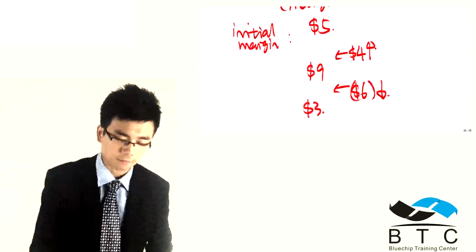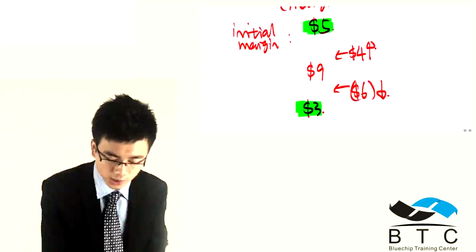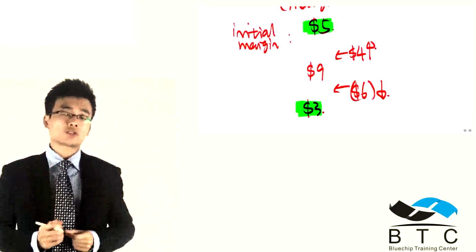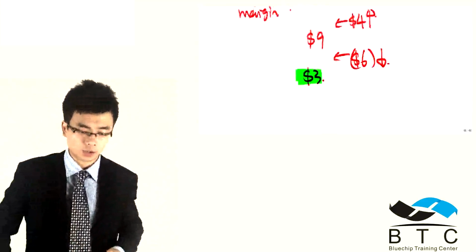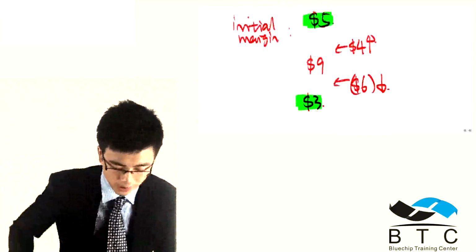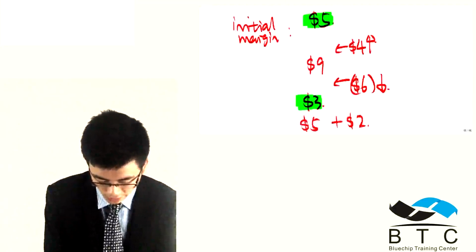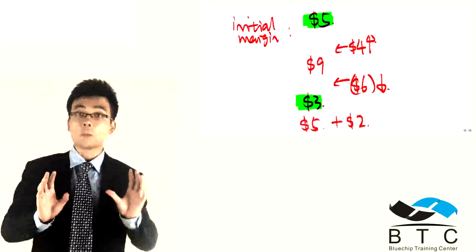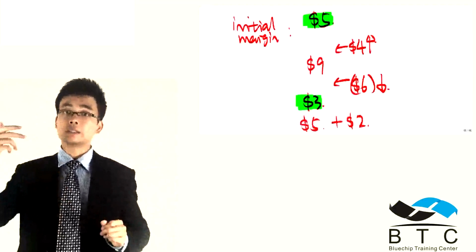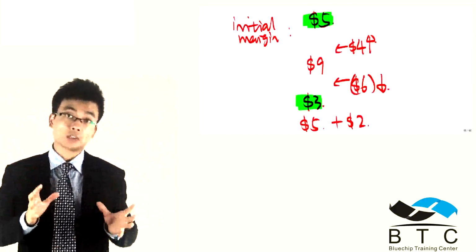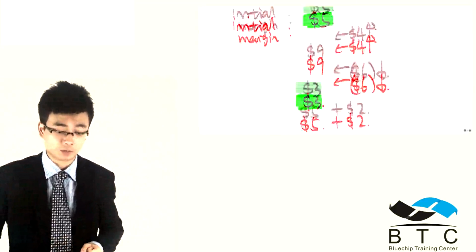You can see here, $3 is less than the initial margin. So the exchange is going to require you to put in an extra $2 so that your margin account will become the initial margin, as agreed. This is trying to reduce the risk of default.